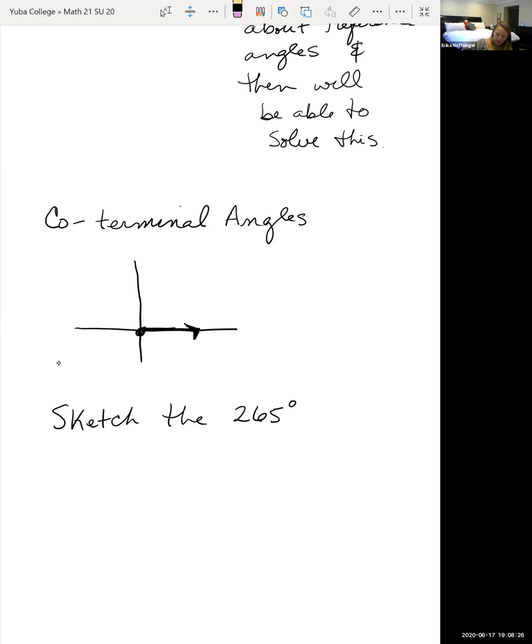So this positive y axis is 90 degrees. That whole line is 180 degrees. If we go to the negative direction of our y-axis, that's 270 degrees. And here, if we didn't do any rotation, it's 0 degrees. But if we did a full rotation, that's the same as 360 degrees.